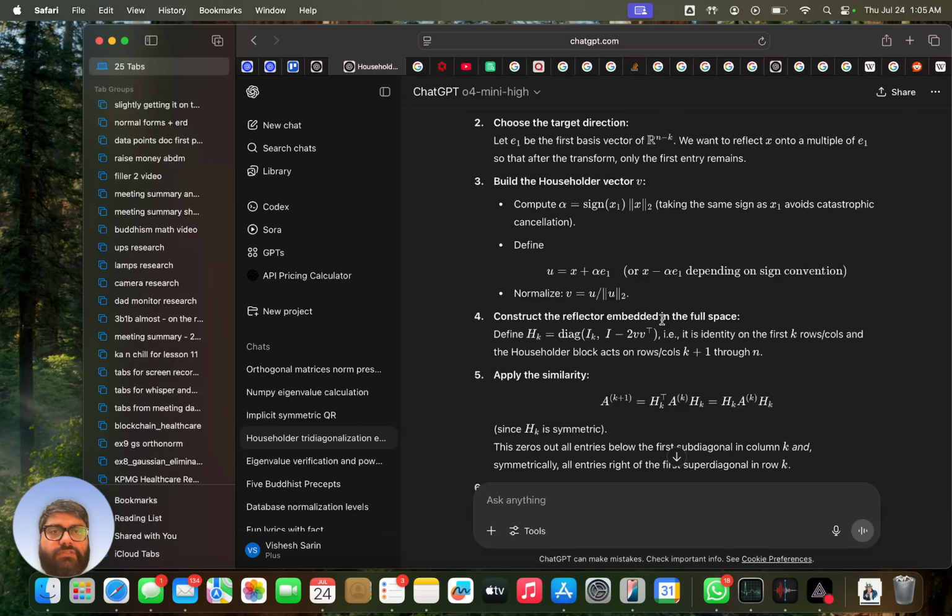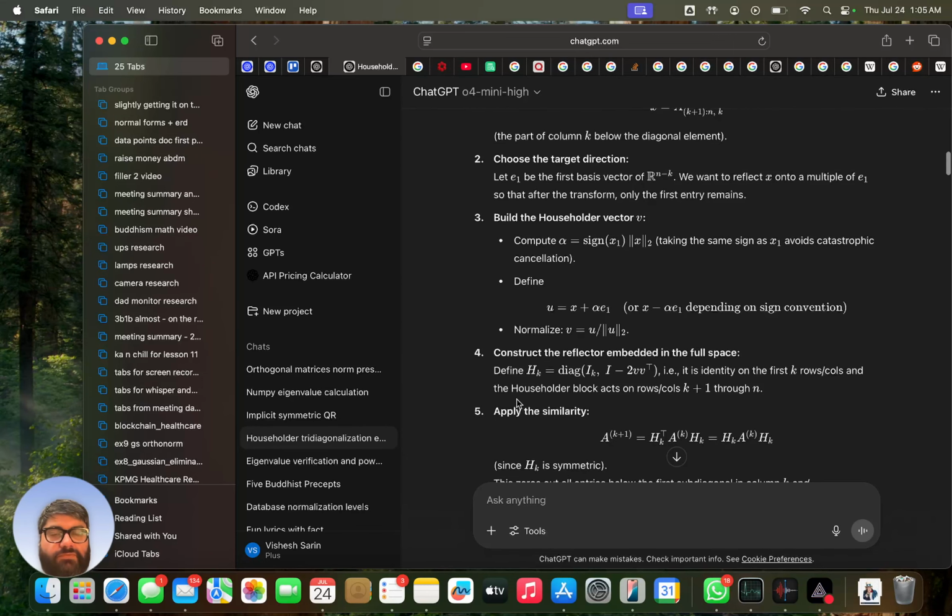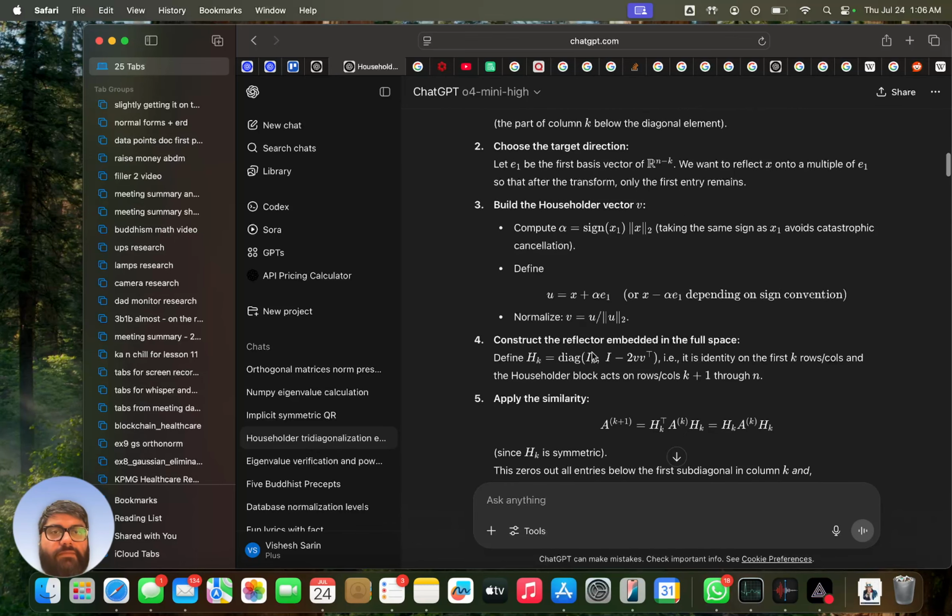And then you construct the reflector embedded into full space, which is fairly straightforward. You just take the identity matrix essentially, and then in the bottom right you shove in the reflector that you have built from the previous step. You use I, because the reflector is defined by I minus the outer product.